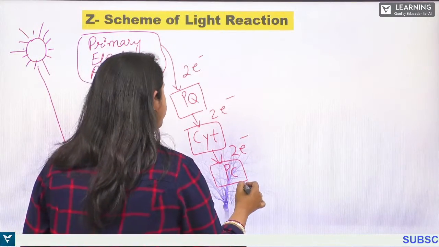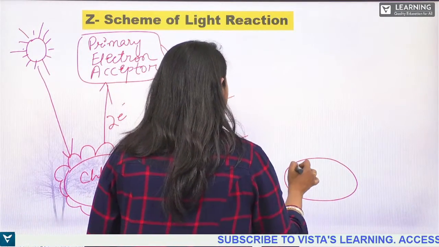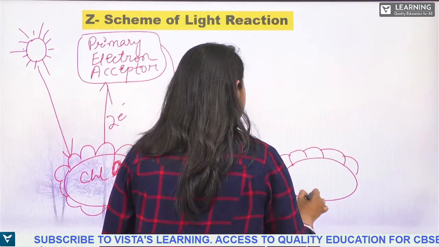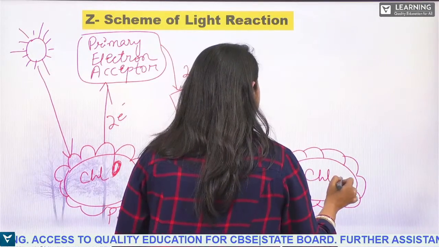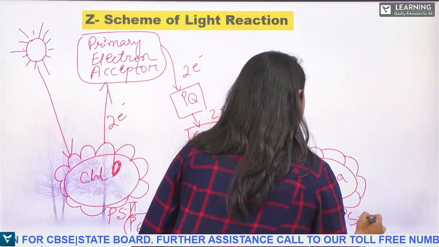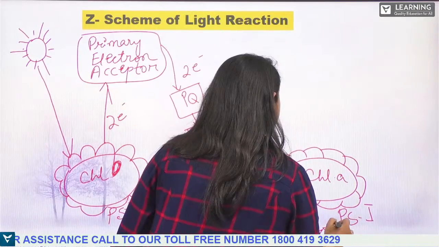Now it will be received by whom? It will be received by photosystem 1. The reaction center of photosystem 1 is chlorophyll A. So this is photosystem 1, which is P700.